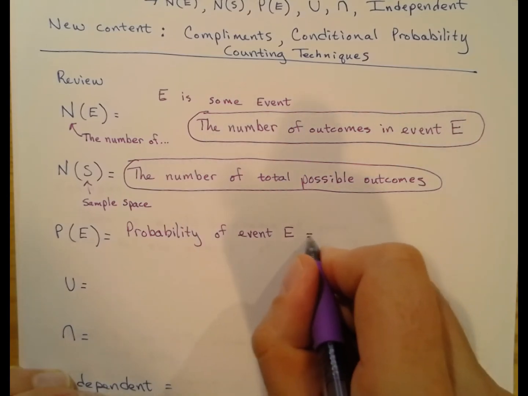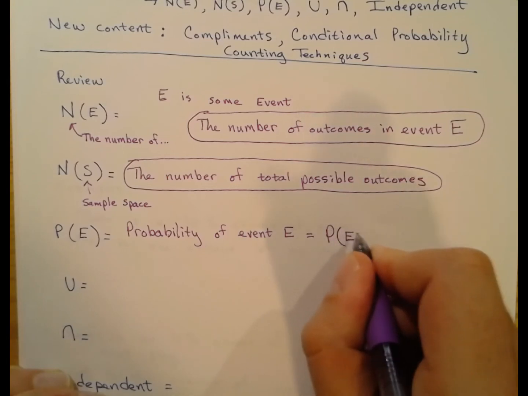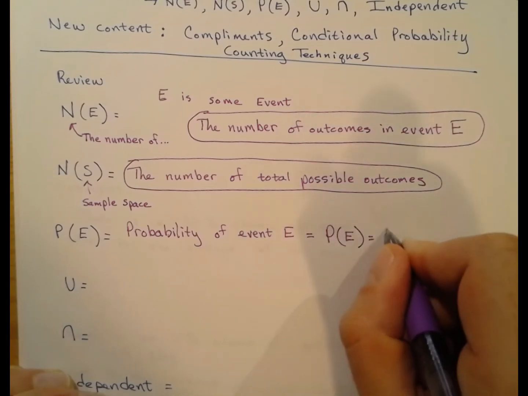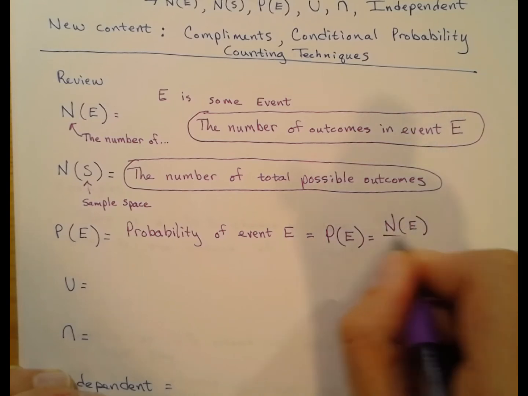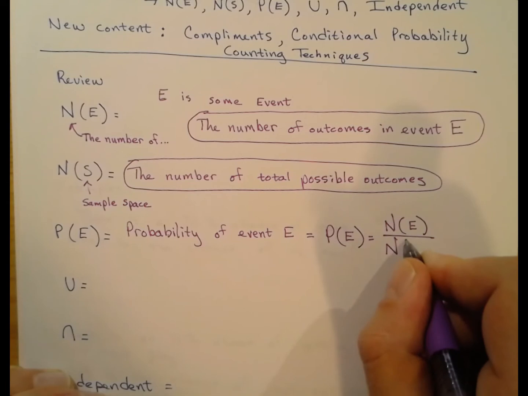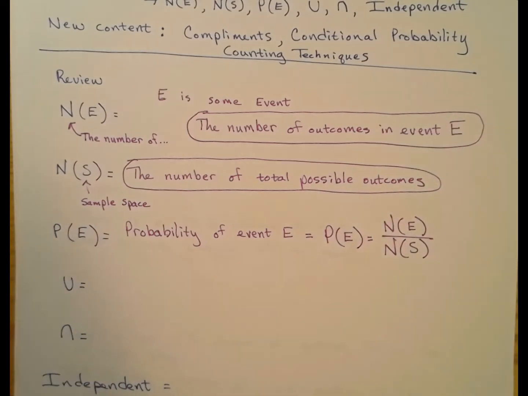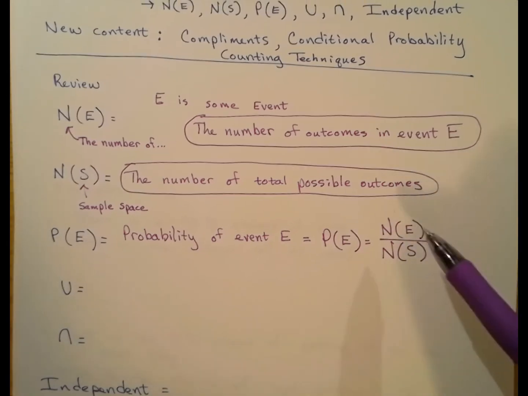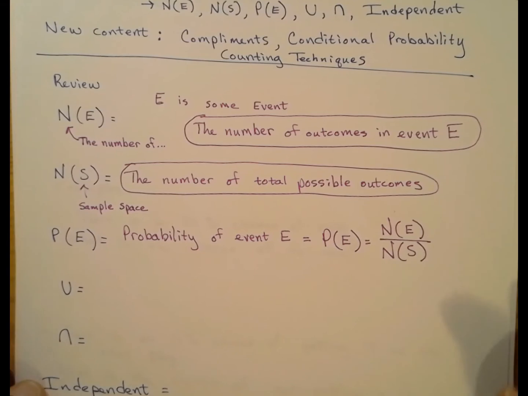And that is equal to the number of outcomes in the event divided by the total possible number of all outcomes. So P of E, the probability of event E, that is just going to be the total number of things in the event divided by the total number of all possible outcomes.